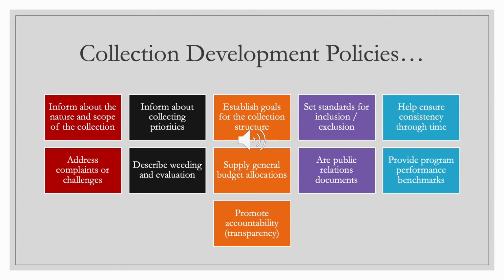They don't have to spell out the entire budget, as that will probably change from year to year, but maybe supplying a percentage or pointing to another document about budget items where possible assists in helping users understand any limitations, exceptions, or priorities within a collection.